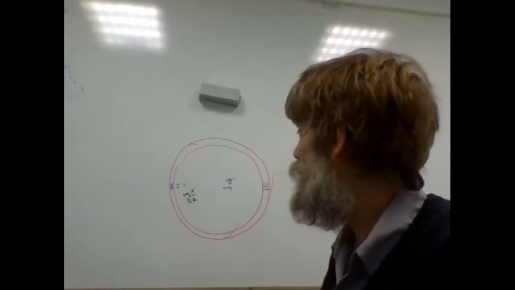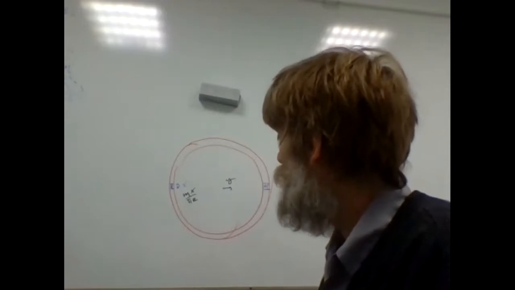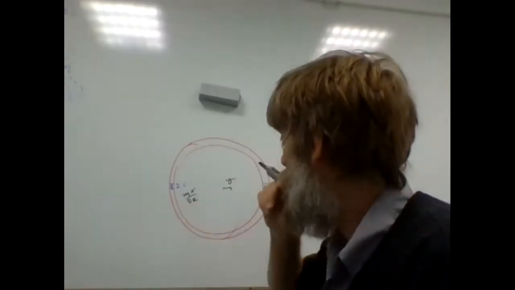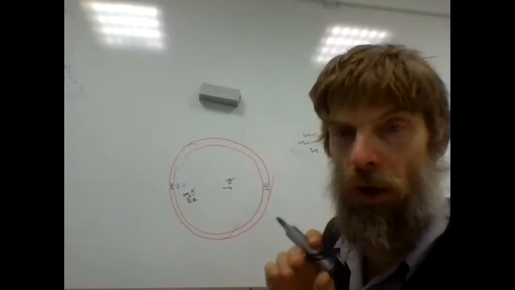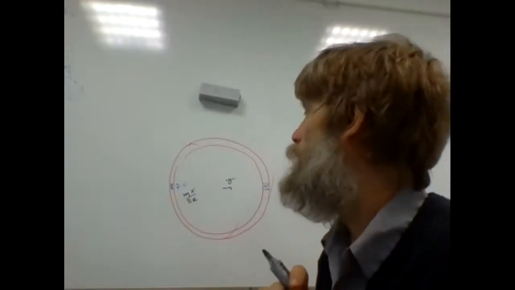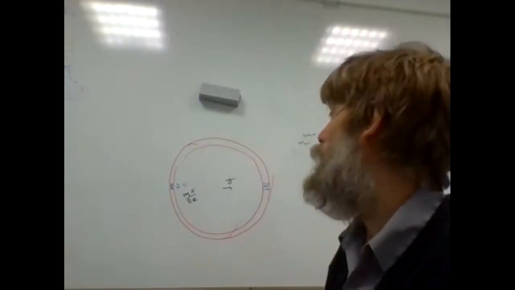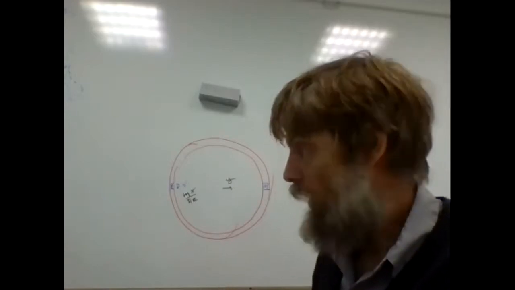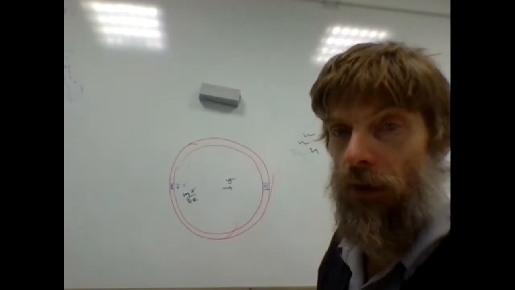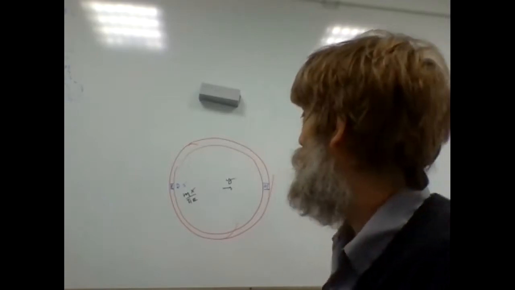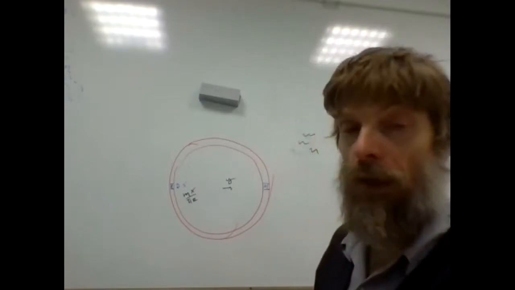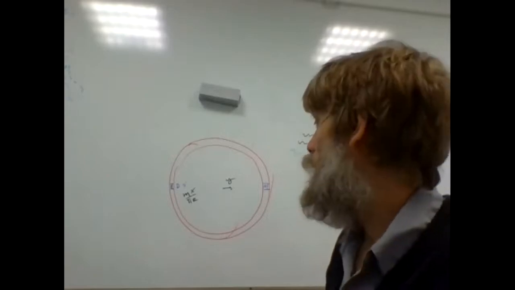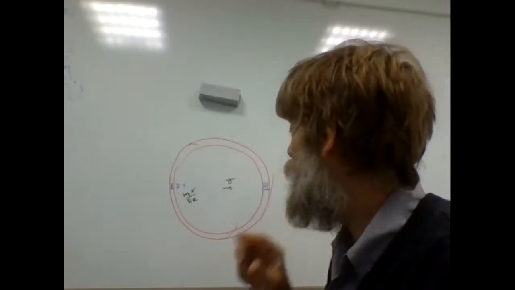Well, how I did it myself when I worked out this problem was that I calculated the kinetic energy in the center of mass frame and added the kinetic energy of the center of mass.